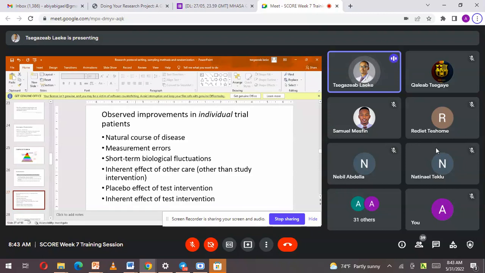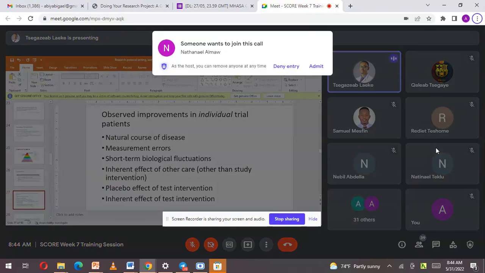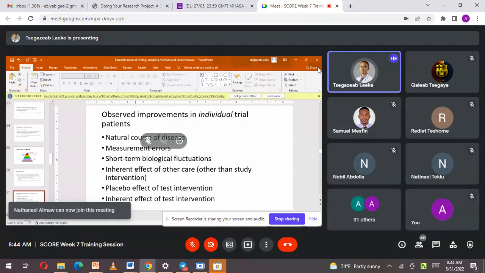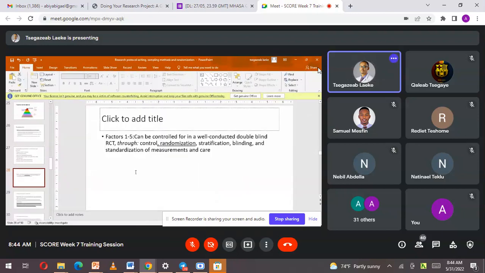And the other is the inherent effect of other care. As I have been mentioning, the placebo effect of the test intervention might also give you a recovery, but not due to the inherent effect of treatment. But at the same time, it might be due to the treatment of patients.